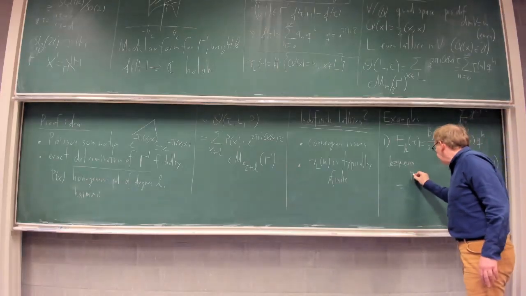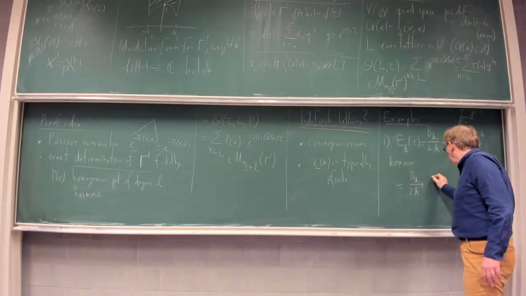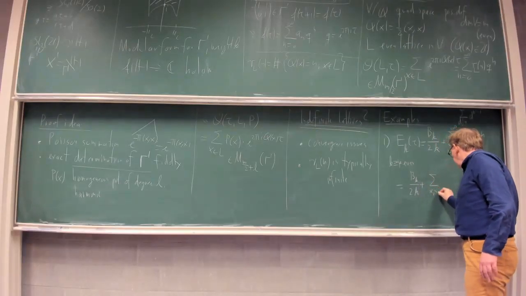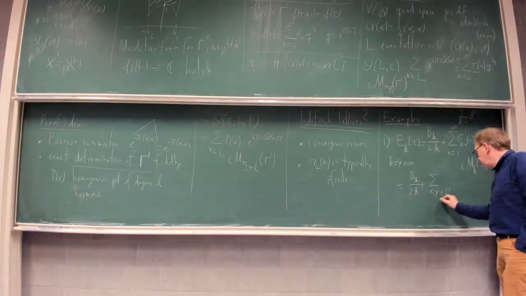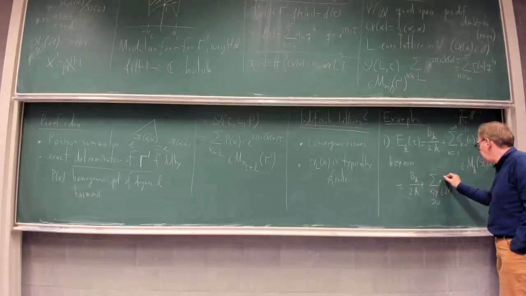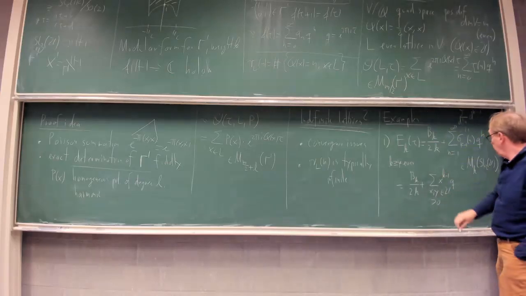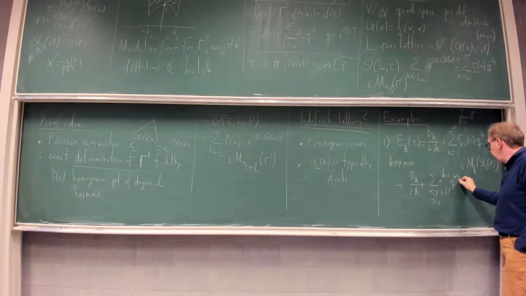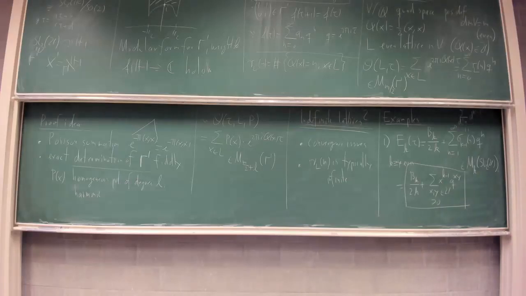And I rewrite the divisor sum in the following way: this is the sum over all positive pairs of integers x, y of x to the k minus 1 times q, my q-series variable, to the power x times y.